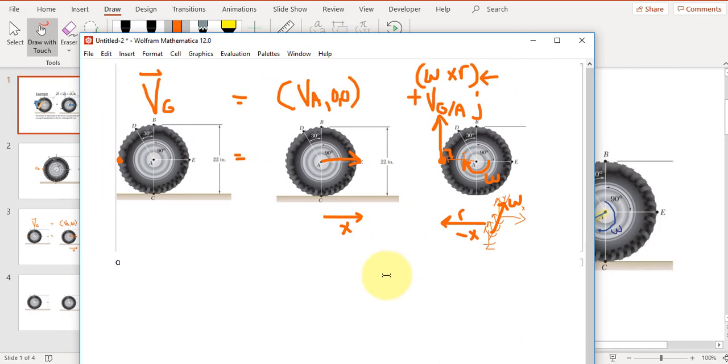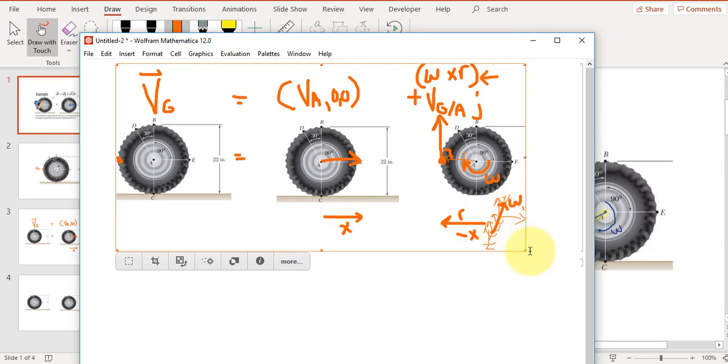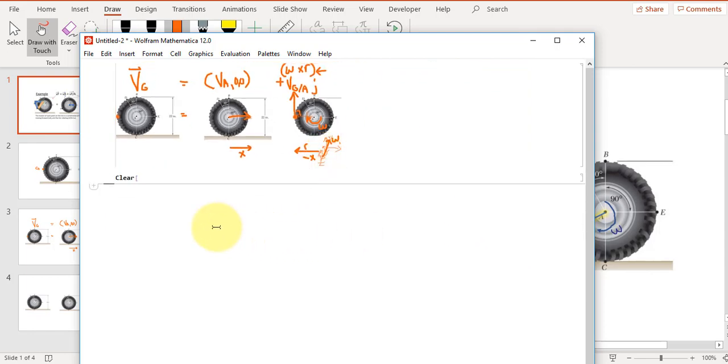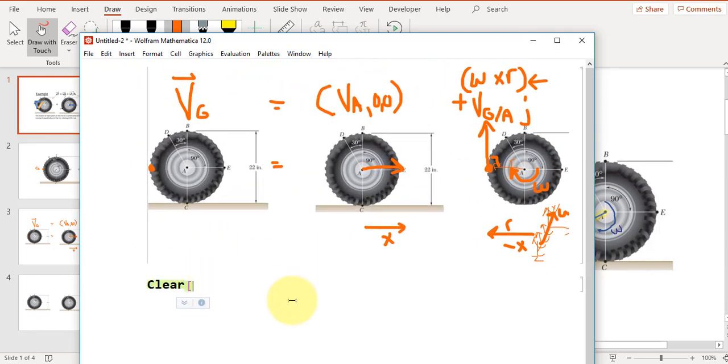So I'll go ahead and clear out variables. Let me change the size of this thing. Okay, so I'm going to clear out the velocity of point G, the velocity of point A, the velocity of point G with respect to A, I'll just call VGA.